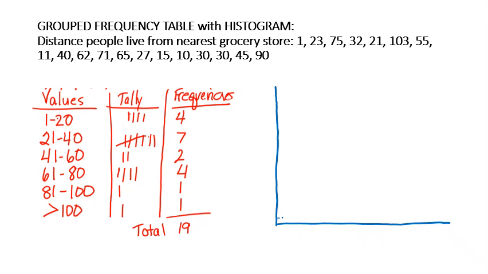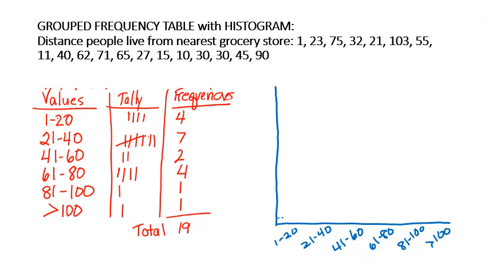Let's write in the values. I'll angle them again for the sake of space. 1 to 20, 21 to 40, 41 to 60, 61 to 80, 81 to 100, and greater than 100. So these are the intervals we'll be using for our histogram.